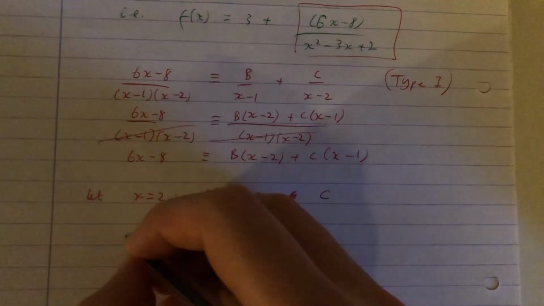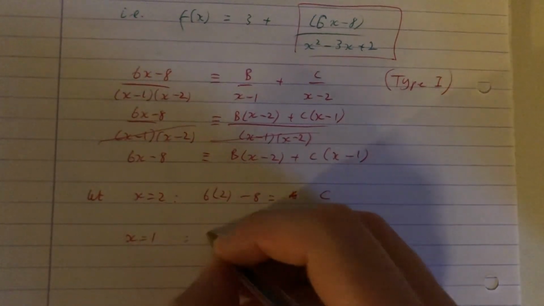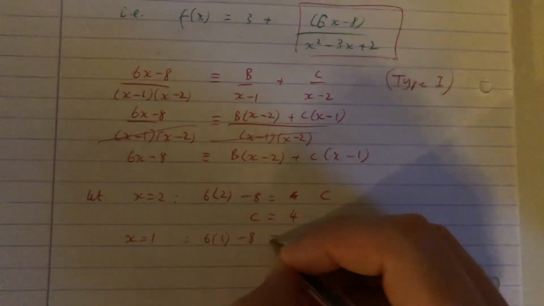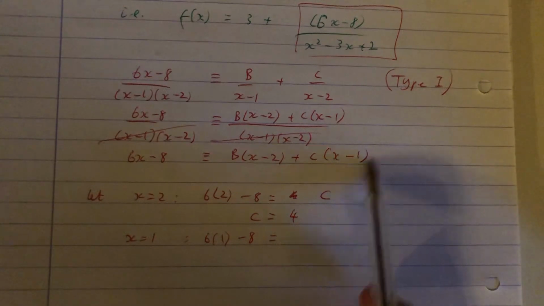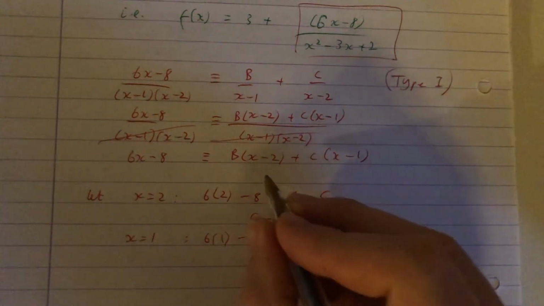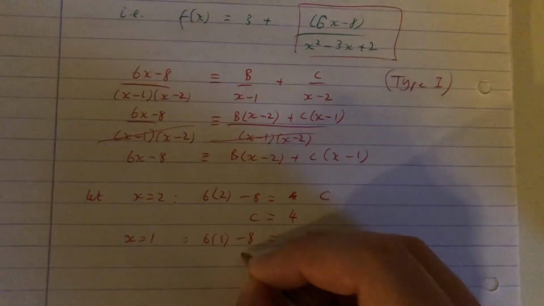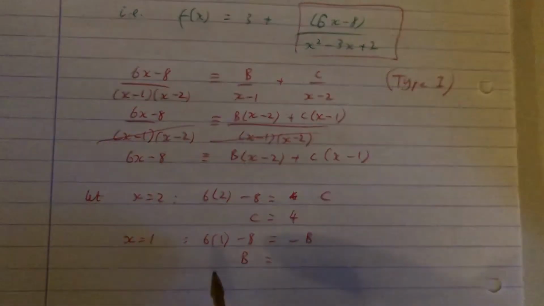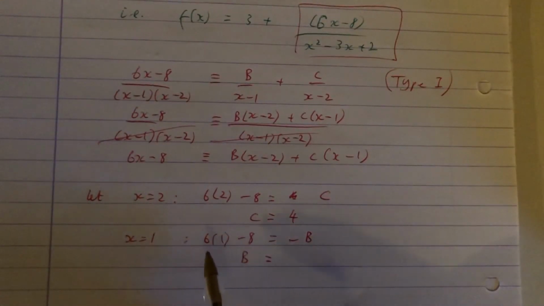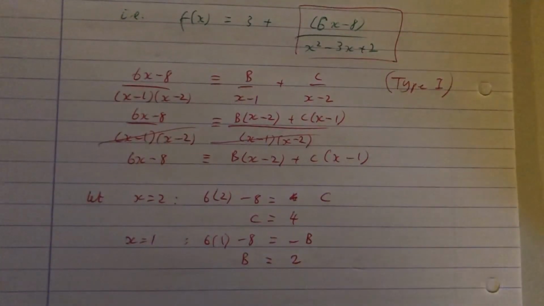And the other good x value to pick would be 1, because that would make the second term disappear. And you're left with 1 minus 2 is minus 1, so minus b. To give you b is equal to 6 take away 8 is negative 2. Swap the signs, plus 2.